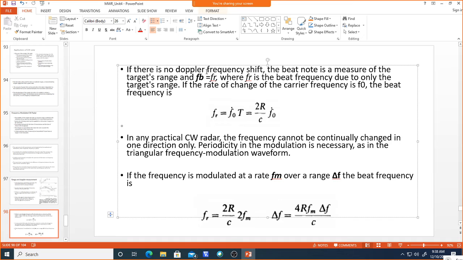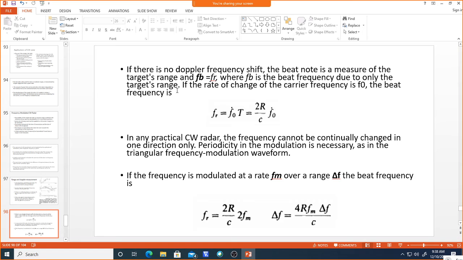And if FB equals FR, that is, the reference frequency and beat frequency are both equal, where FB is the beat frequency due only to the target's range, then this beat frequency is generated due only to the target.